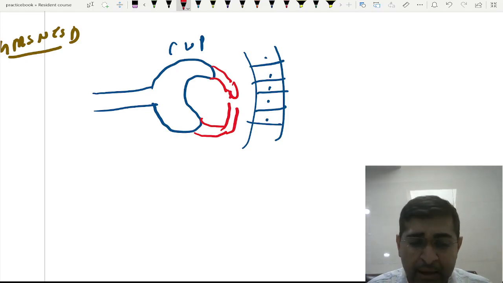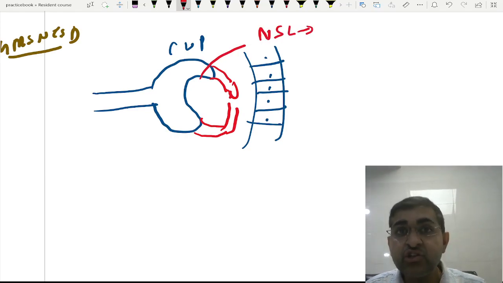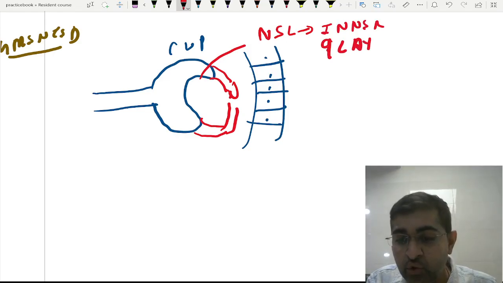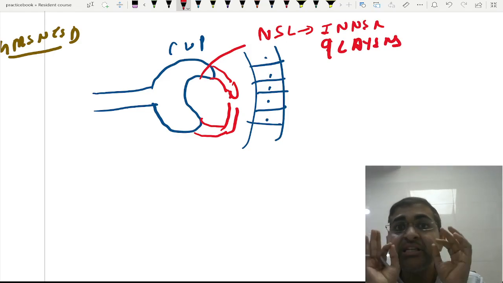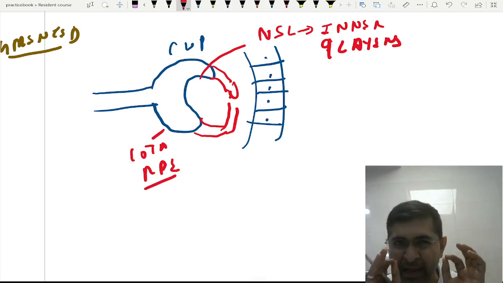Now the inner part of the optic cup gives rise to the neurosensory layer, which is the neurosensory part of the retina. It consists of the inner 9 layers. The inner part of the cup forms the inner 9 layers of the retina, while the outer part is the 10th layer, which is the retinal pigment epithelium.